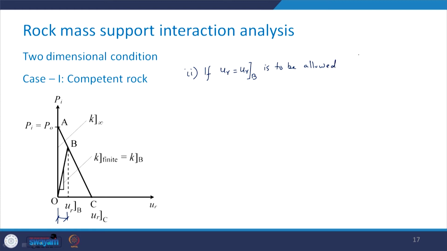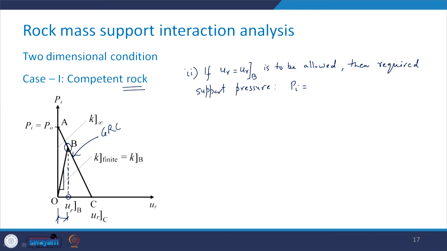So in that case, what will be the required support pressure? Pi will be equal to, see, I take a vertical line like this dotted line from this point, and I reach here, which is the GRC, ground response curve, for this competent rock.